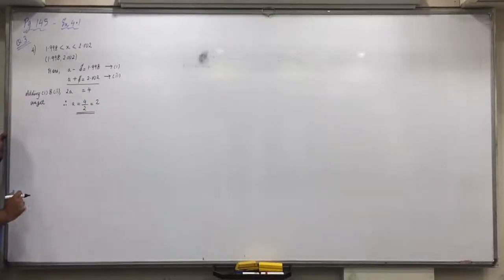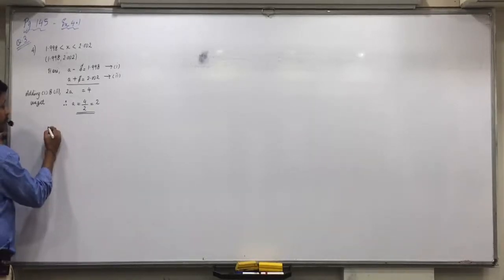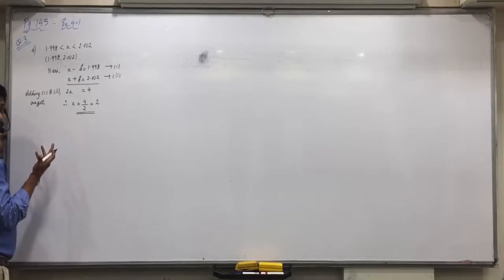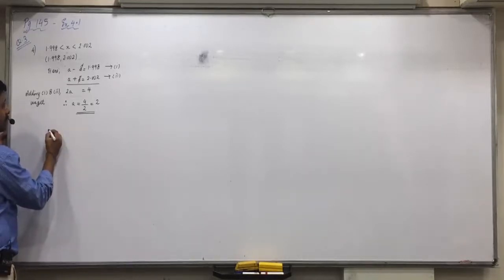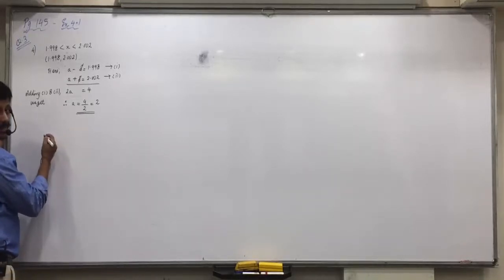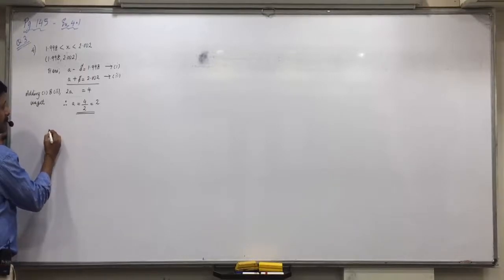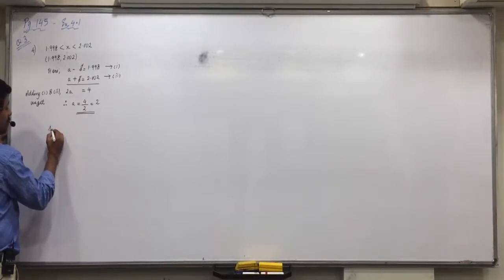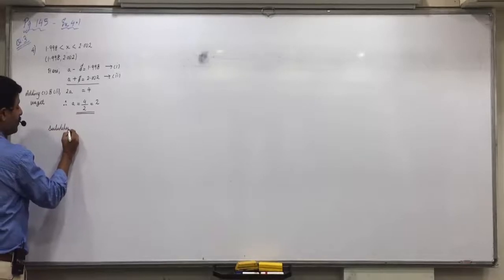Then, modulus form. Where is delta? Delta is equal to 0.002. How do you get that? 2 minus 1.998.